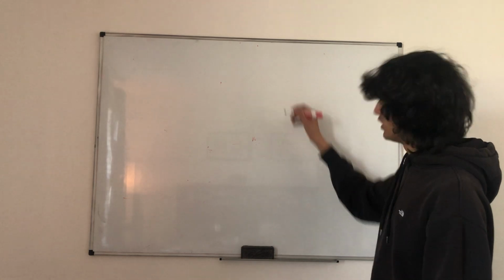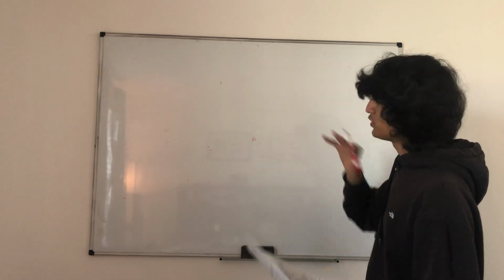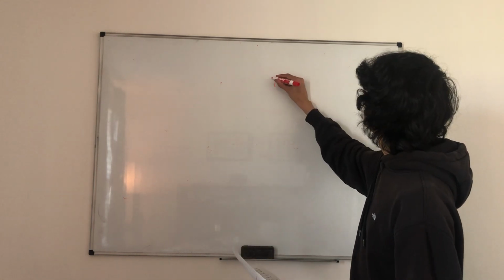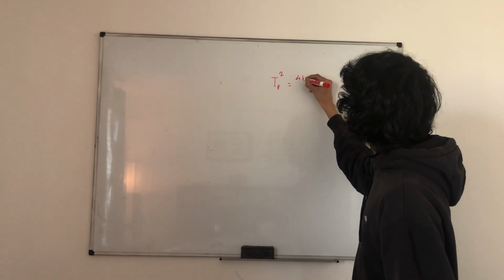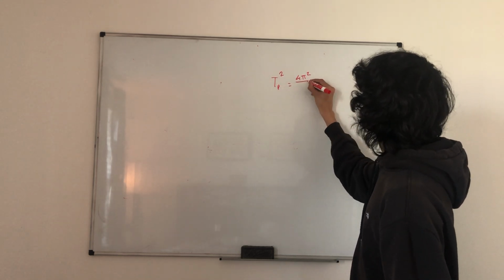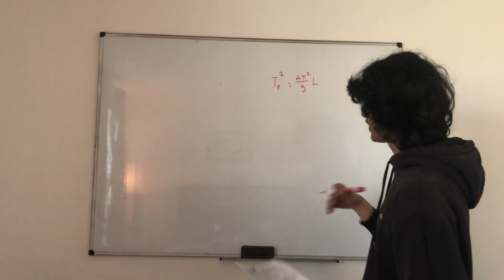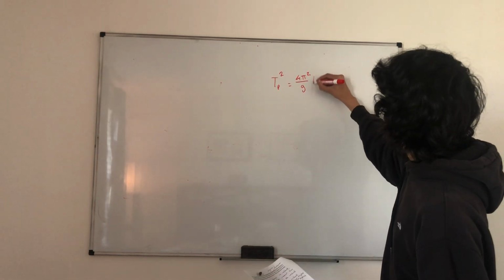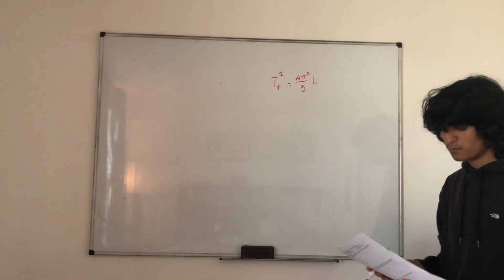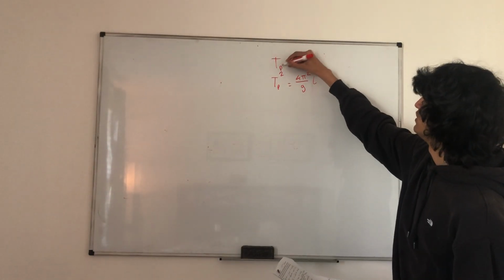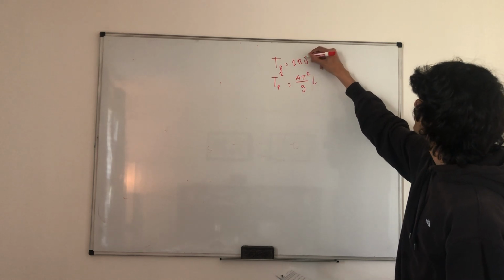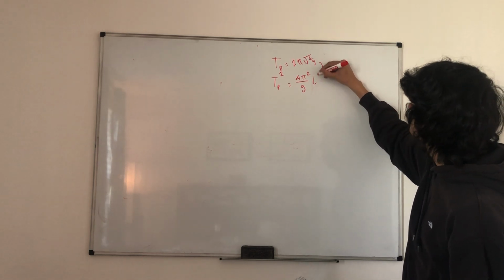I'm going to switch things up. I'm just going to do T_pendulum squared equals 4 pi squared over g times l. I'll use lowercase l so people don't confuse it for angular momentum. This just comes from squaring T_P equals 2 pi square root l over g. This is the exact same equation.